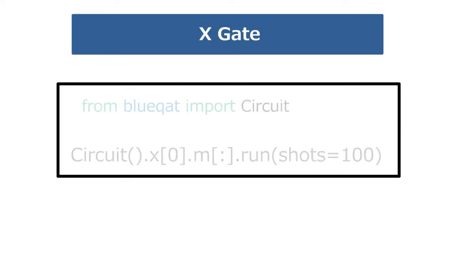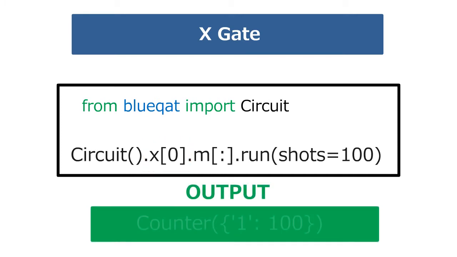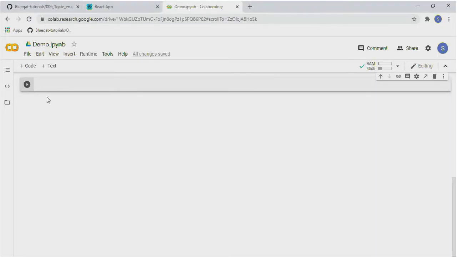Next we will see about XGate. And here we use XGate. If we run this code then we will get the output as 1. Let us confirm this by trying it in Google Colab.